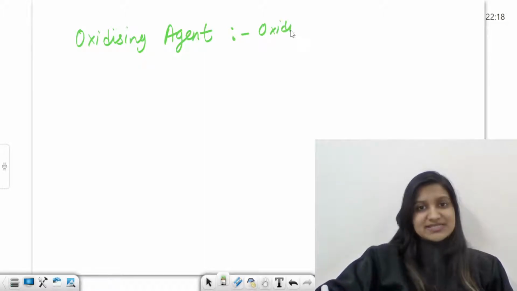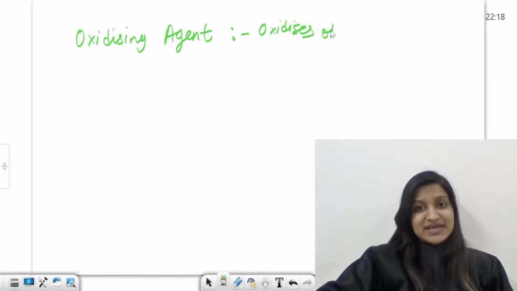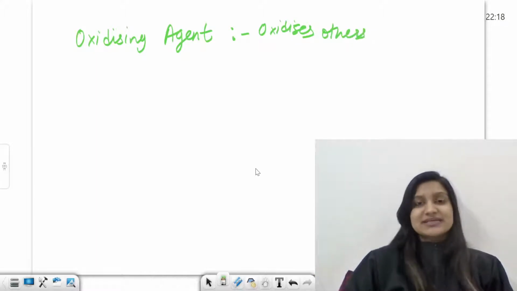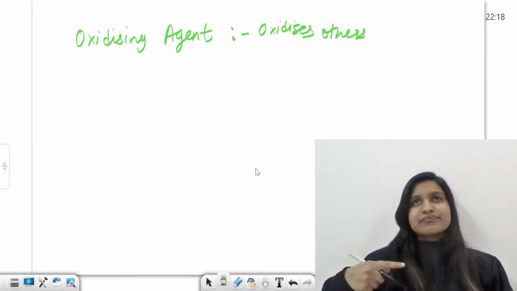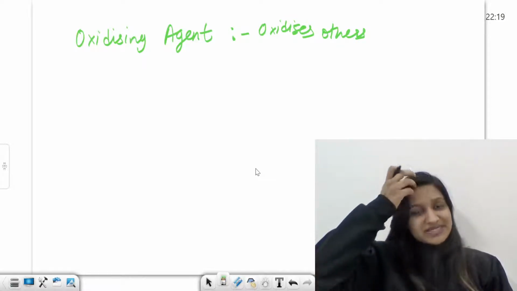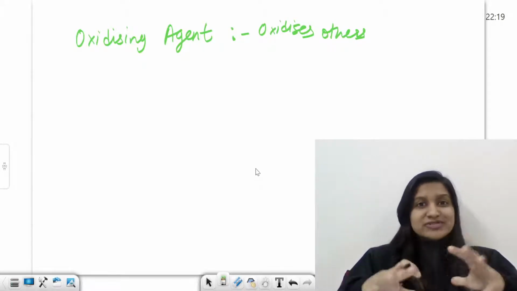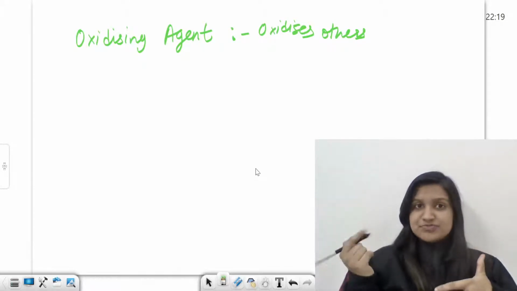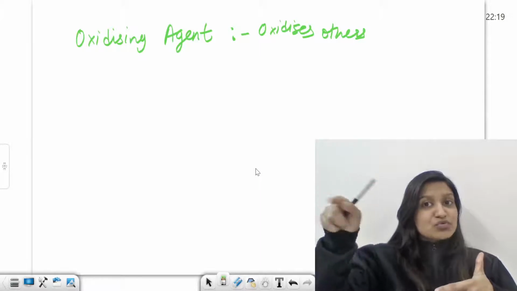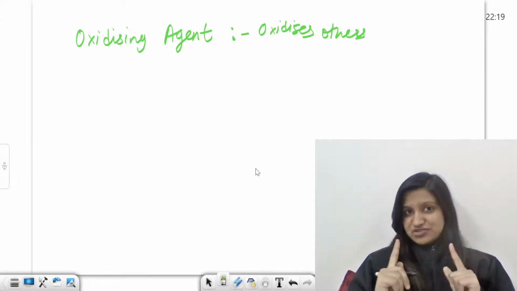If it oxidizes others, it means it is forcing another element to lose its electrons, because oxidation is loss of electrons, right?